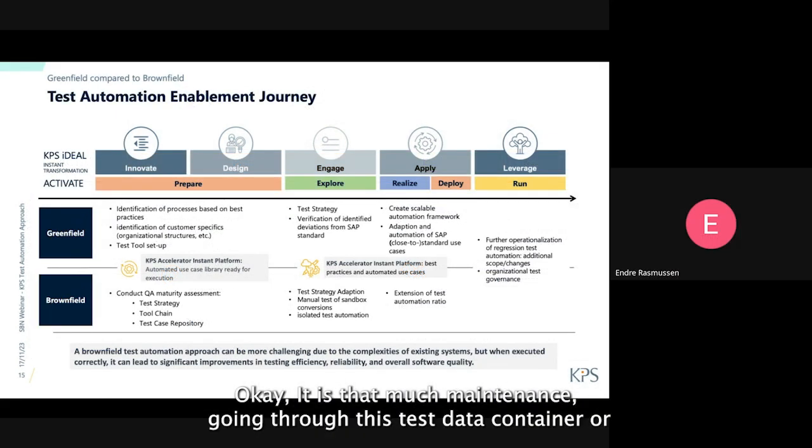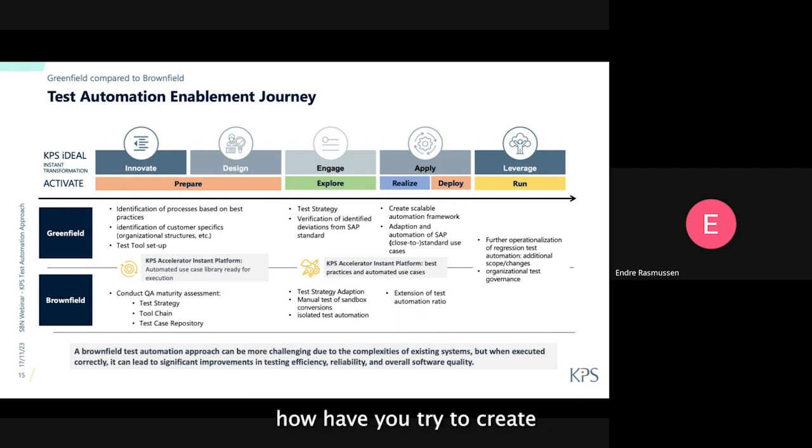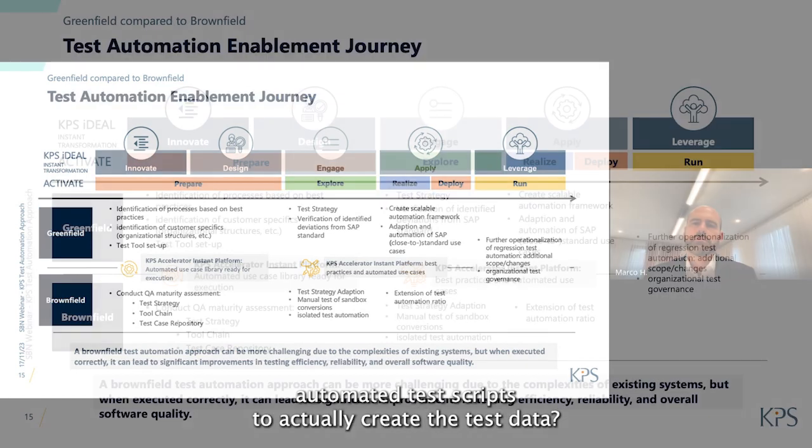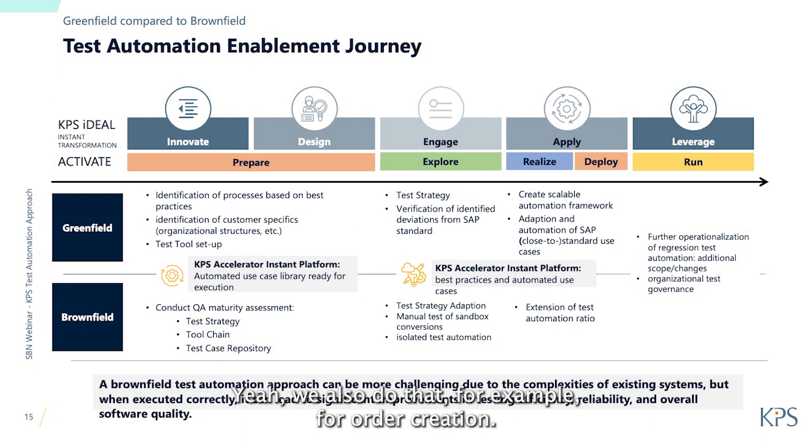Okay, yeah. Is that much maintenance, going through this test data container? Or have you tried to create automated test scripts to actually create the test data? Yeah, we also do that. For example, order creation is something we start very early.